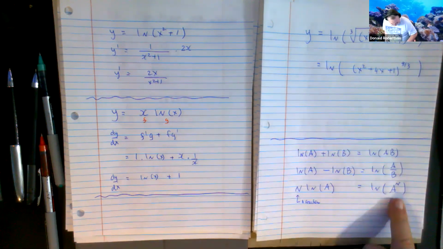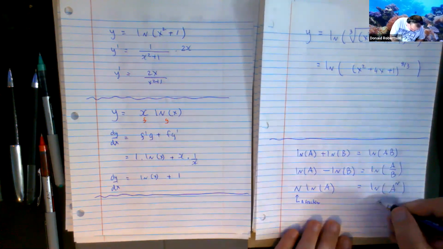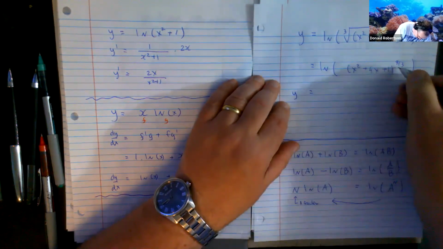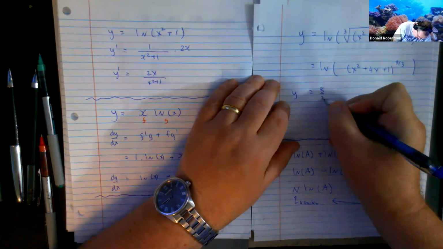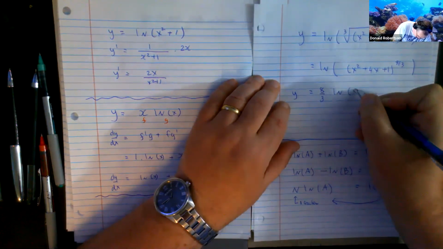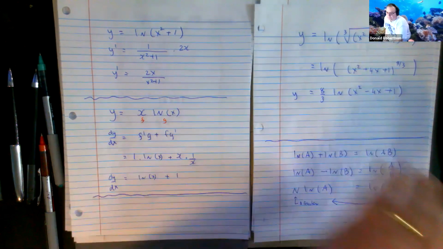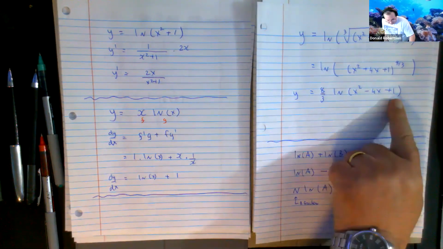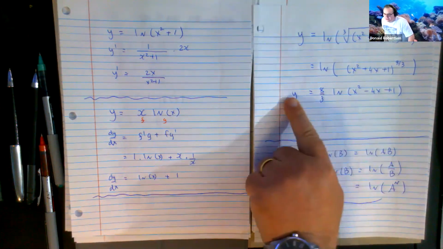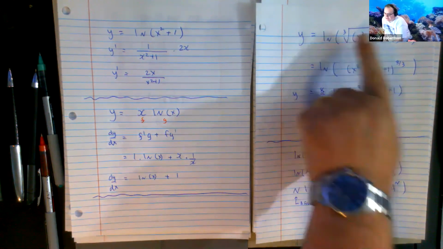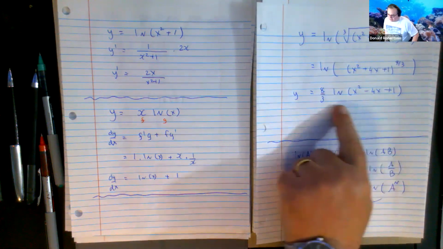And then I'm going to use this law in that direction, which means that this fella can be written as 8/3 the natural log of that guy. And this guy is much easier to differentiate than that guy. Right? This is much easier.